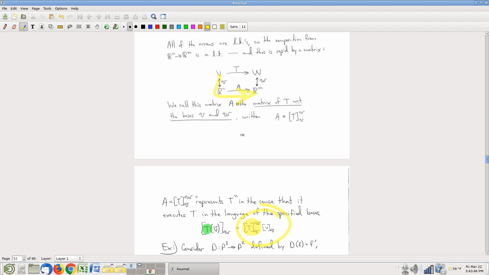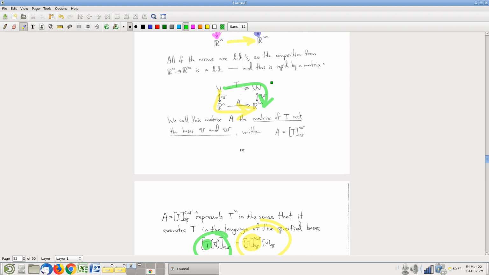So when I say that these are the same thing, what I mean is the output of T thought of in W coordinates. All together, we do T and then think of the output in W coordinates. This is what I mean when I say that the linear transformation and the matrix do the same thing, interpreting accordingly between vectors and the coordinates representing those vectors.